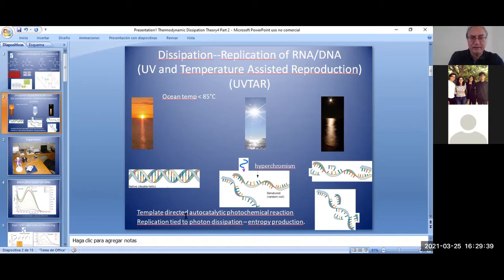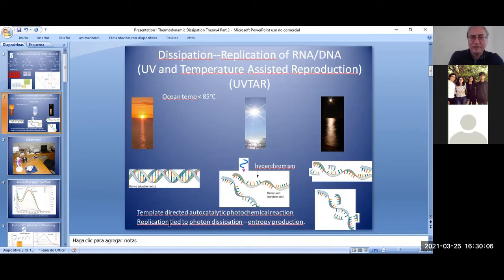So this is a template-directed process. In this case, we have a template, and these small pieces joining to the template are going to form the second strand, the complementary strand. And so it is an autocatalytic process because these act as templates. So they're acting like an autocatalytic product here.